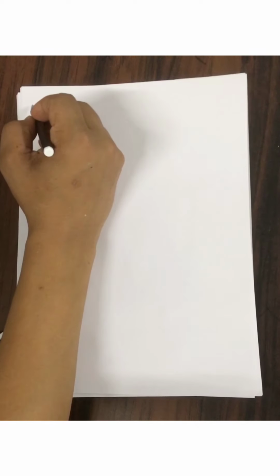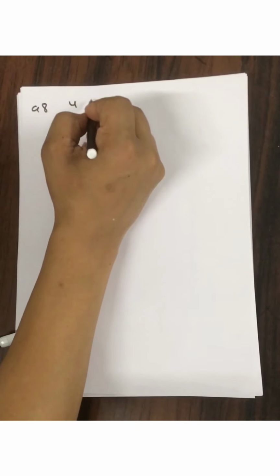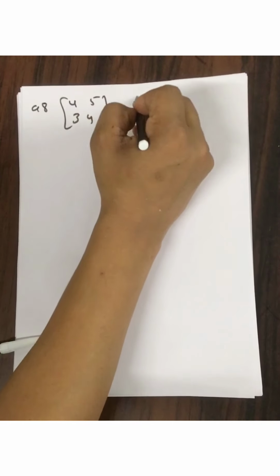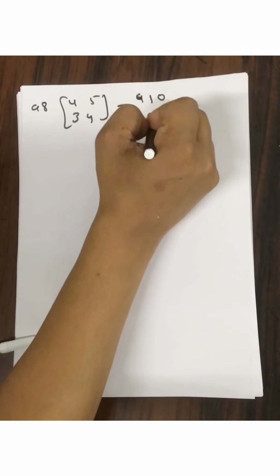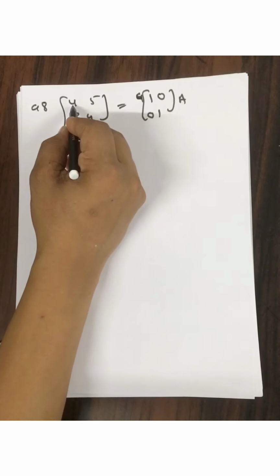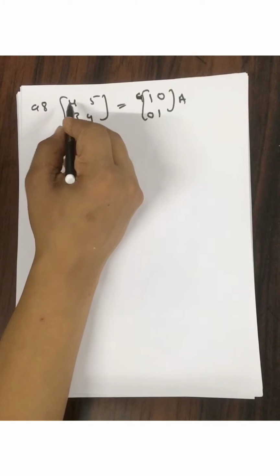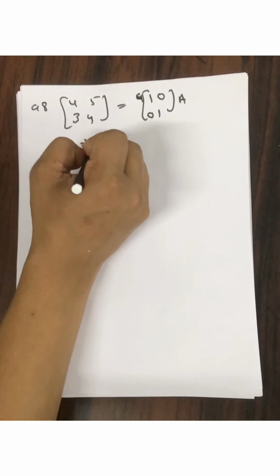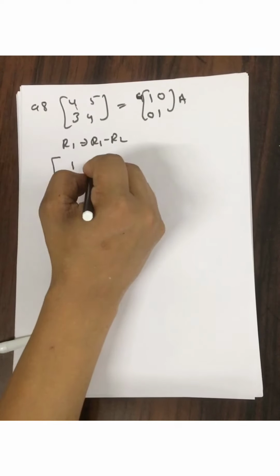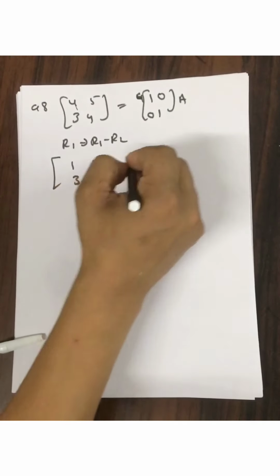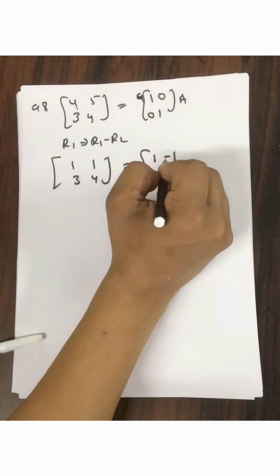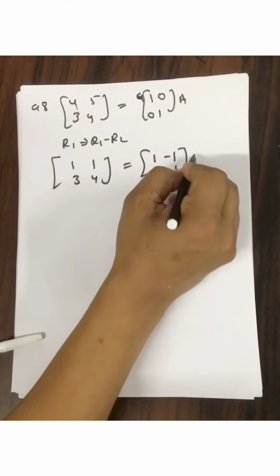The next question is question number 8: 4, 5, 3 and 4. I will not rewrite it again. Let's put 1, 0, 0, 1 and A. How to get rid of this? Just get 1 over here. This is 4. If you do R1 minus R2, 4 minus 3 is 1. 1, 1, 3, 4. 1 minus 1, you can see minus 1 is coming. 0, 1.